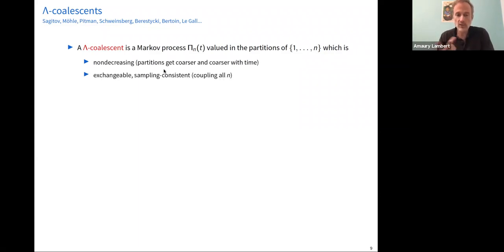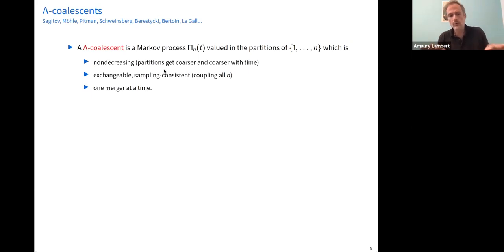It's assumed to be exchangeable and simply consistent, meaning that if you look at pi n plus 1 of t, and you restrict this partition to the first n integers, that is, you remove n plus 1, you're left with a partition which has the same distribution as pi n. And it is assumed that there is only one merger at a time.